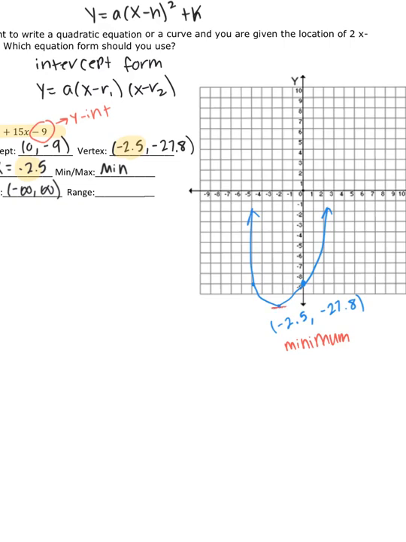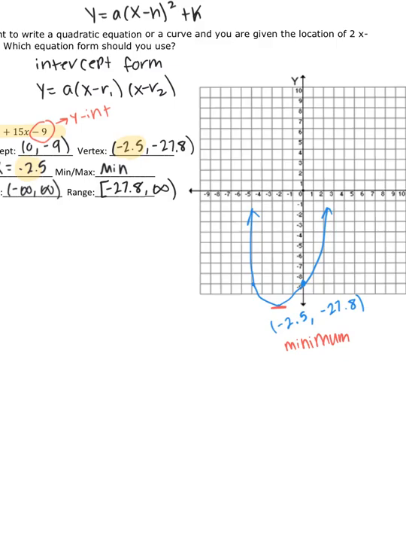So your lowest y value is here, and that happens at -27.8. I'm going to put a square bracket because I actually touched that point. And then I'm going to have all the y values above that point. So I'm going to go to infinity, but we can't touch infinity, so it always gets a parenthesis. So that would be my range.